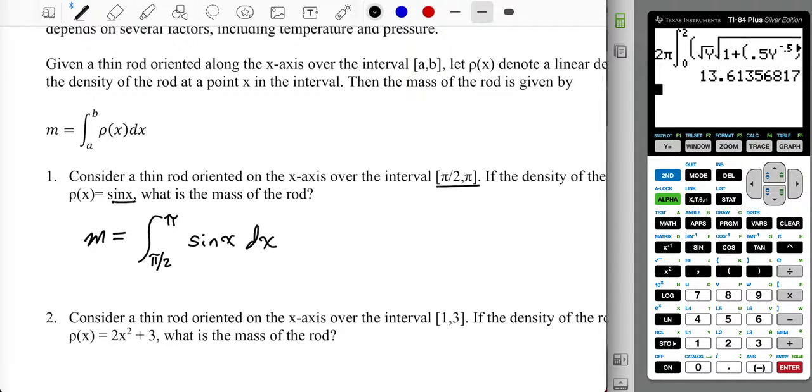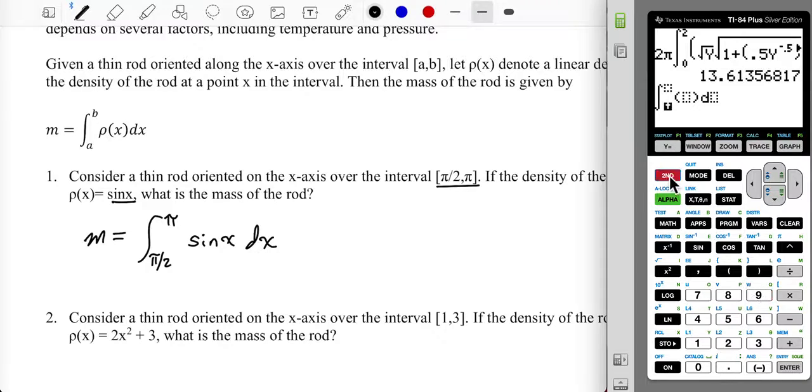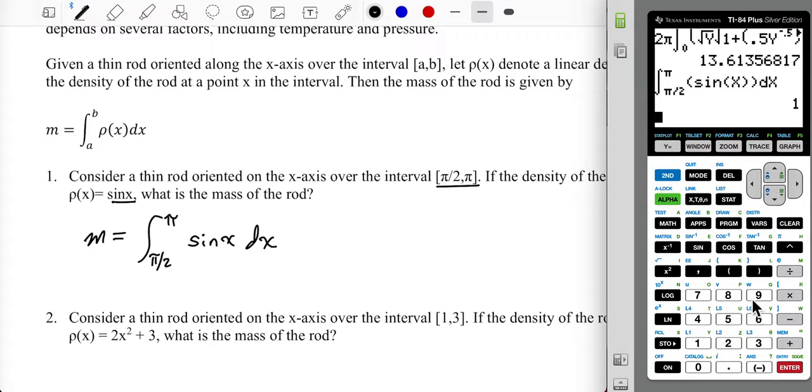So it's really just asking us to evaluate this integral. So from pi over 2 to pi of sine x dx. Now we will need to discuss where this rule came from, this formula, and why we're able to use it and what its value is, but for now it's just a skill.